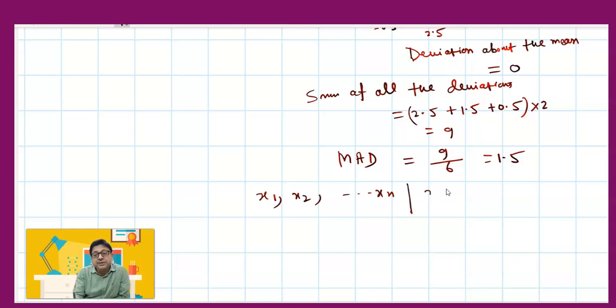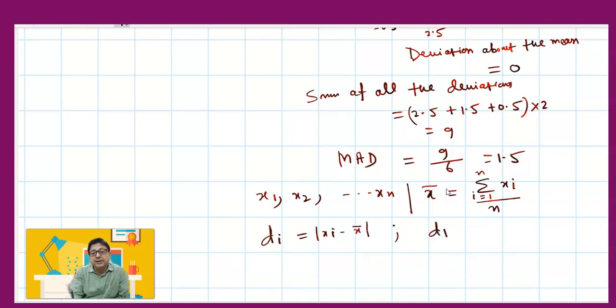Let the mean of these observations be x bar. What is it going to be? It is sigma xi by n, all of you know it, i equal to 1 to n. Now you calculate all the deviations. You take deviations as di. For the first di, the general formula will be mod of xi minus x bar, about the mean.